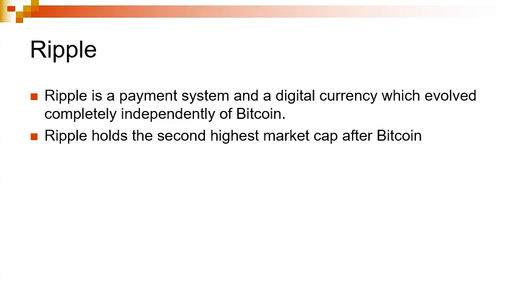So Ripple is the second highest market holder in the currency market worldwide. So we have to understand this Ripple payment system. This Ripple payment system is also used for cross-border payments. It is like a Hawala system to transfer money. So we have to understand the concept of this Ripple digital currency, Ripple digital payment system.